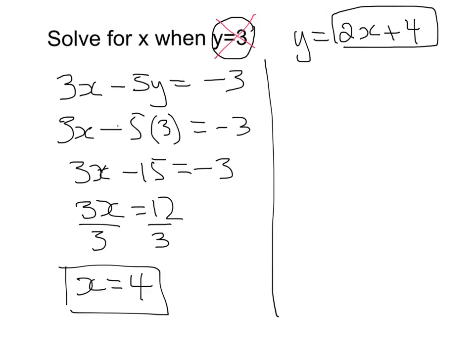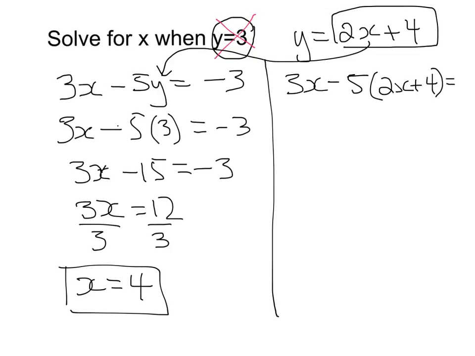In this sense, y is equal to an equation. So same thing. I'm just going to sub this 2x plus 4 in for y. So then you get 3x minus 5 times 2x plus 4 is equal to negative 3. So again, y has now been changed to 2x plus 4 because y is equal to 2x plus 4.